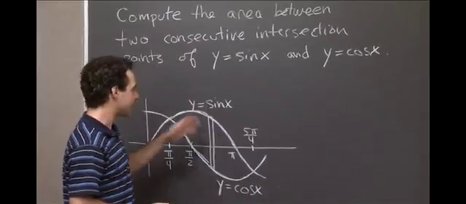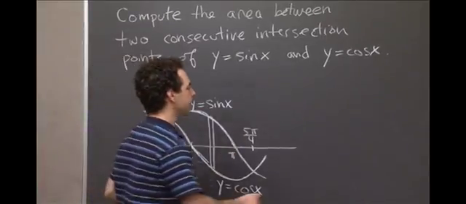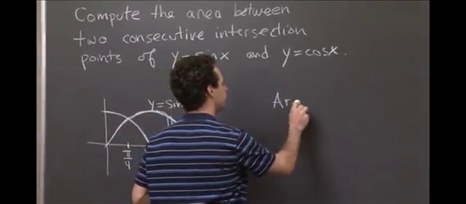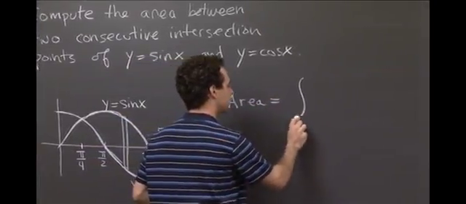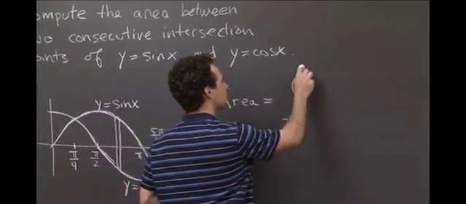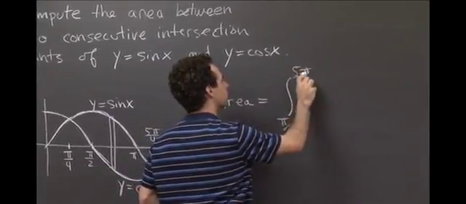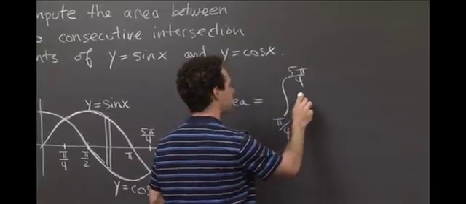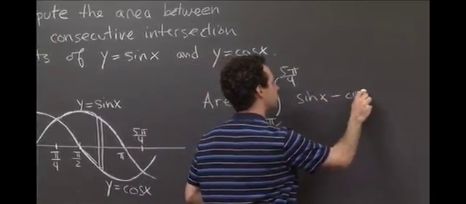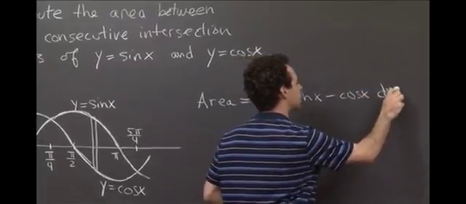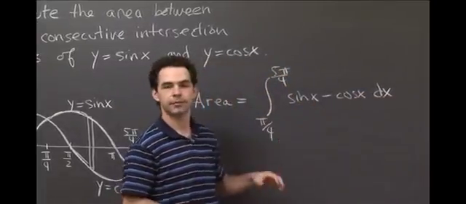Its width is dx, and then I add them all up by integrating. So the area is just the integral from pi over 4 to 5 pi over 4 of sine x minus cosine x dx, top minus bottom to get the height.